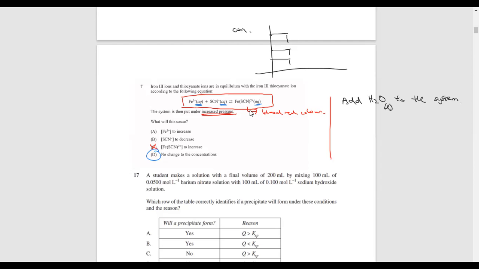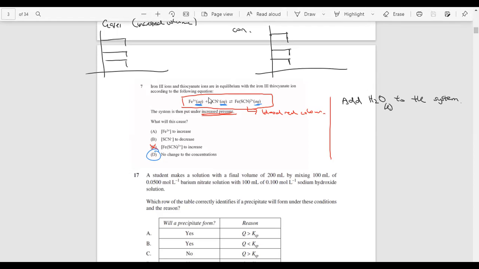And this looks very similar in terms of effect to if I had gases and I increased the volume. If I had gases and I increased the volume, they'd all go down as well, not drawing to scale. So when I add water to the system, it is indeed correct that I will affect the concentrations of all three equally by the same factor, because they're all aqueous solutions.